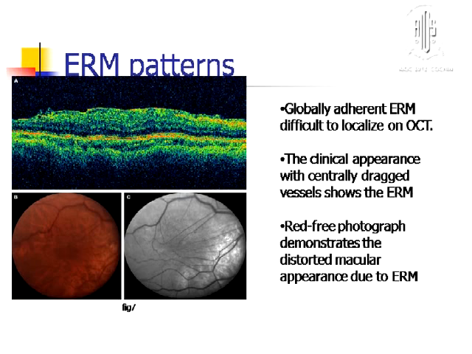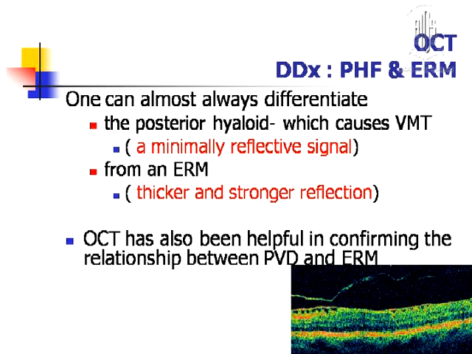This is again showing this kind of ERM. It could be missed in the OCT once it is absolutely adherent, and the thickness again may be normal. Here, the clinical importance of dragged vessels will show that you have a globally adherent ERM. One can, most of the time, differentiate a detached hyaloid face which causes vitreomacular traction.